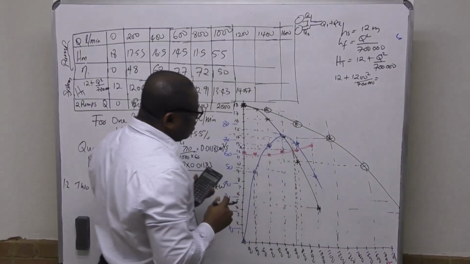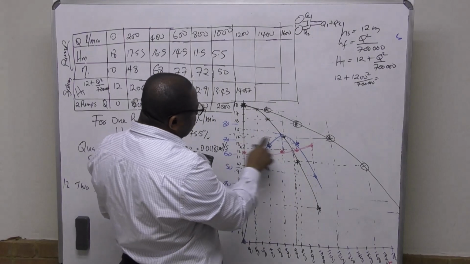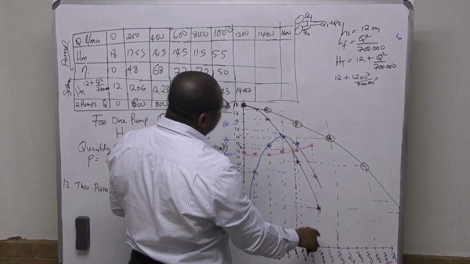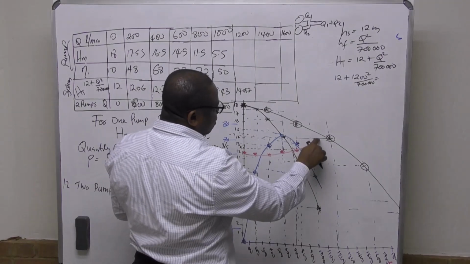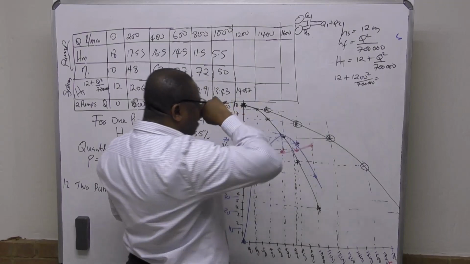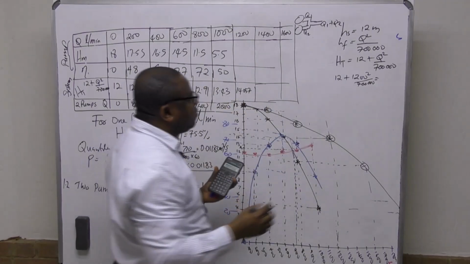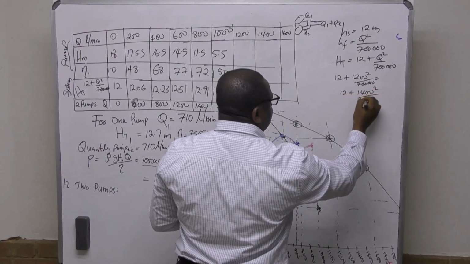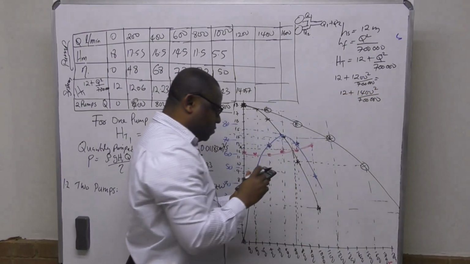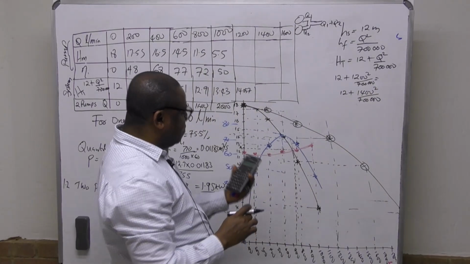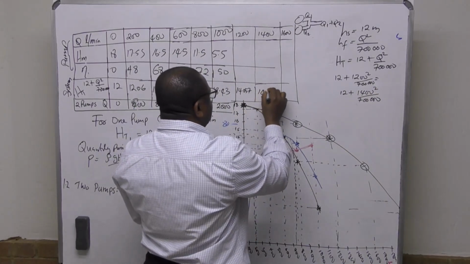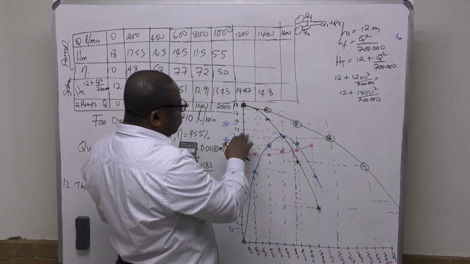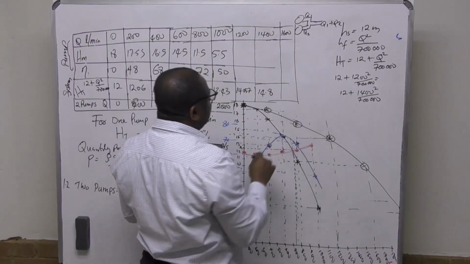At least 14.057 is somewhere, so it's going. By the time I get a flow of 1,200, I'll get this up to a point. I want it to cross here, so let's look for 1,400. 14.8. At least 14.8 is coming, which is going to be somewhere. It will cross it.